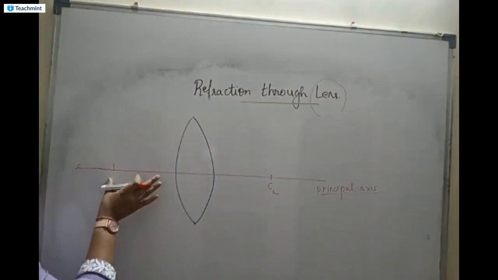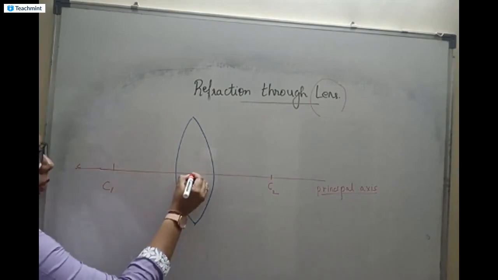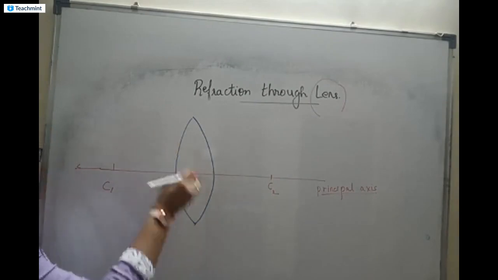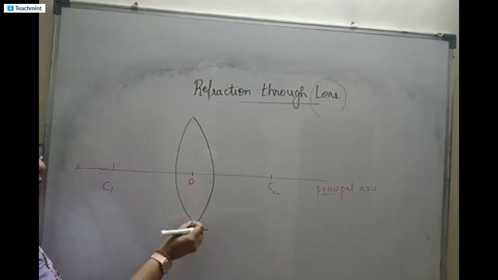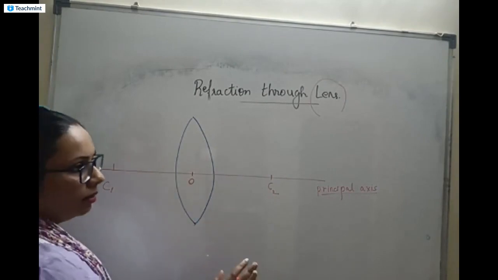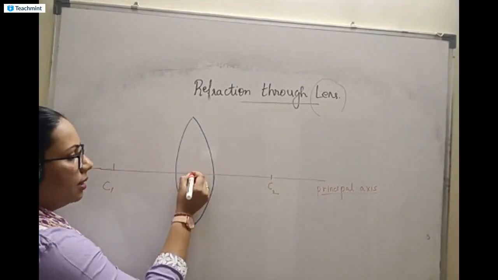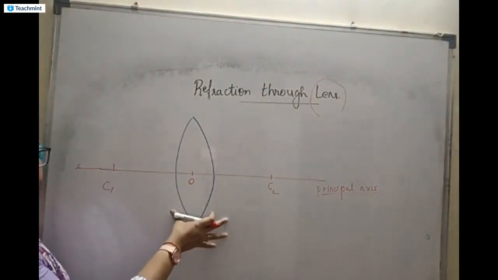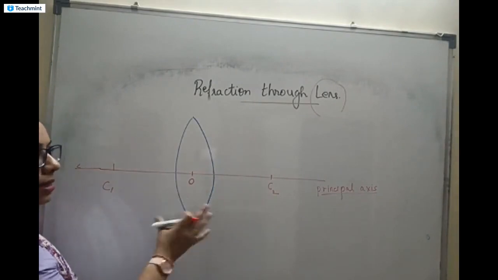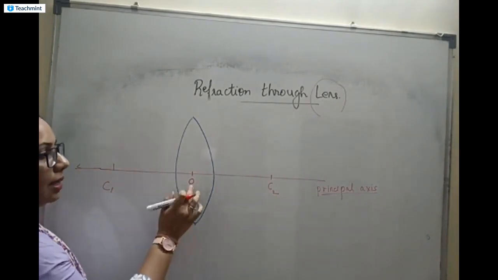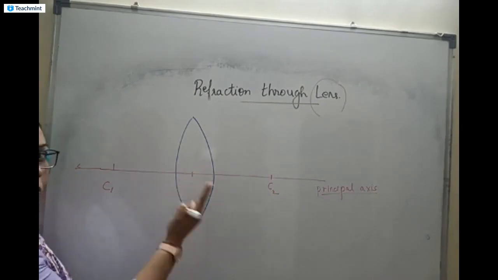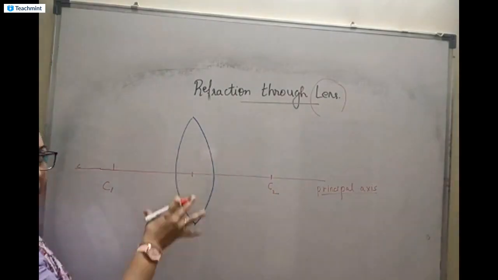Now this center is taken from the optical center of your lens. So there is another center for your lens. If you take a very thin one, and for 10th-standard concepts, we take that this center falls exactly on the geometric center of this lens. If it is thicker, or the radii are not the same, then it's not necessary that the optical center will come exactly at the geometric center. There are two centers: the geometric center and the optical center.